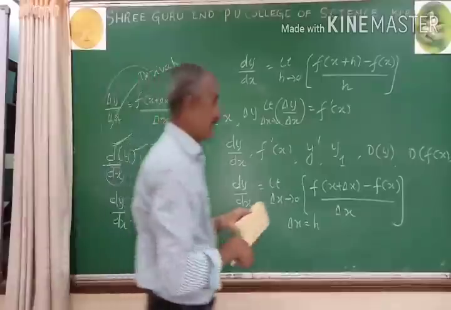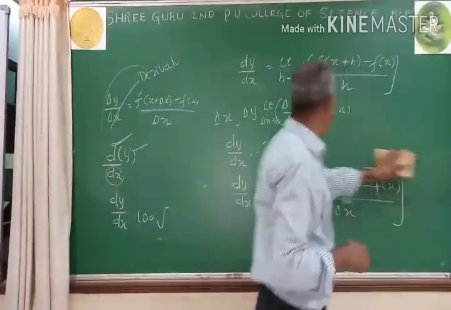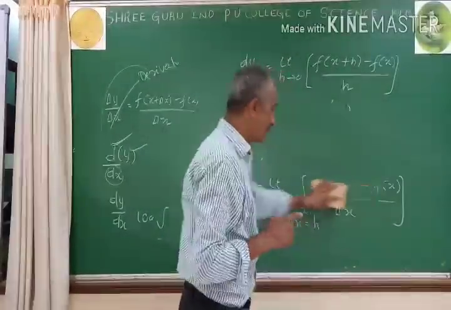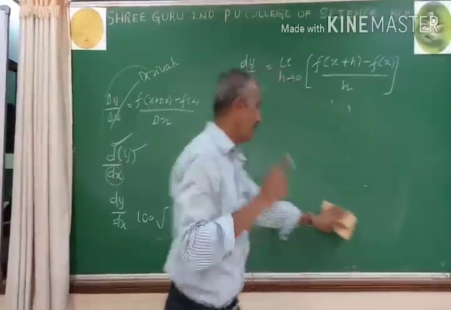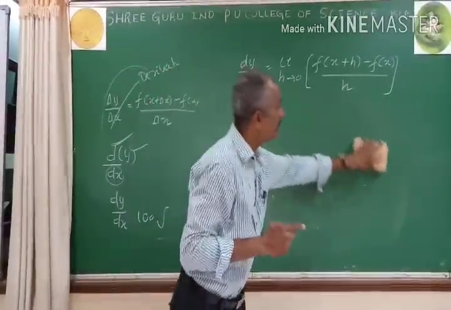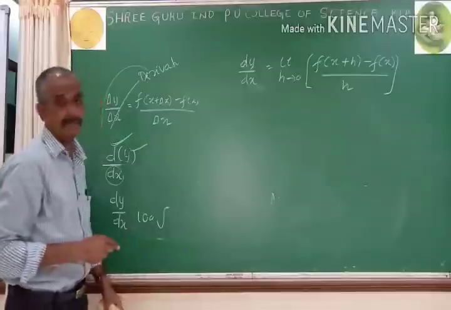Under this head, in first year PUC, we have seen the derivative formulas of various functions. All those proofs were in PUC first year. I am just giving those direct formulas.